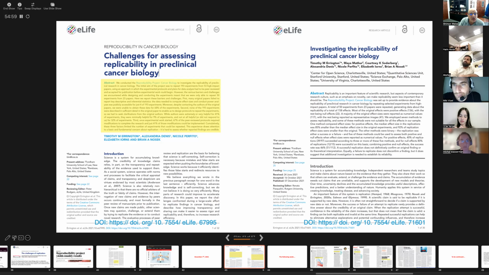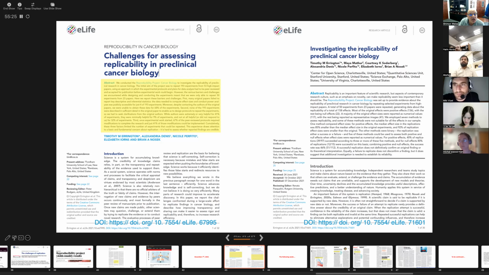However, the various barriers and challenges we encountered while designing and conducting the experiments meant that we were only able to repeat 50 experiments from 23 papers. Here we report these barriers and challenges. First, many original papers failed to report key descriptive and inferential statistics.